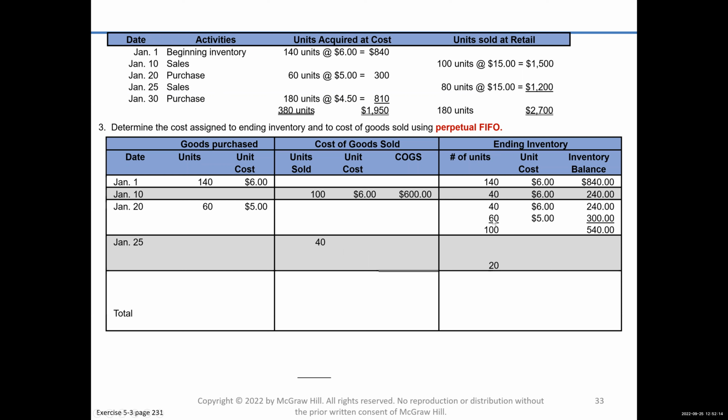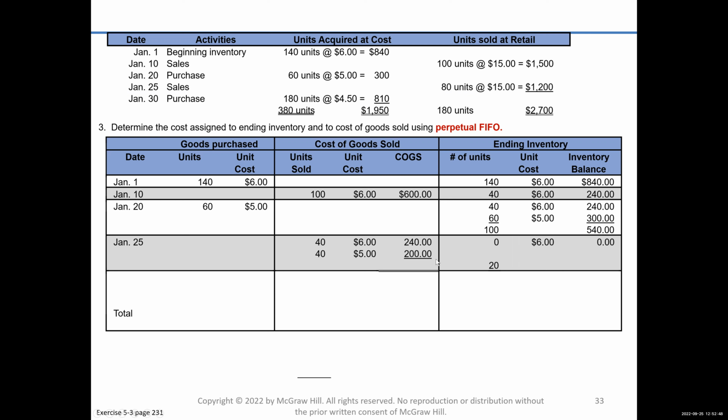Well, because it's FIFO, first in, first out, we're going to take 40 of these at $6, right? So we're going to wipe that layer out. We had 40, we're using the 40, and so we've got zero now. We use that whole layer. Now we got to go to this layer. And out of that 60, how many do we need? Well, we need another 40. So we're going to take 40 of these at 5.